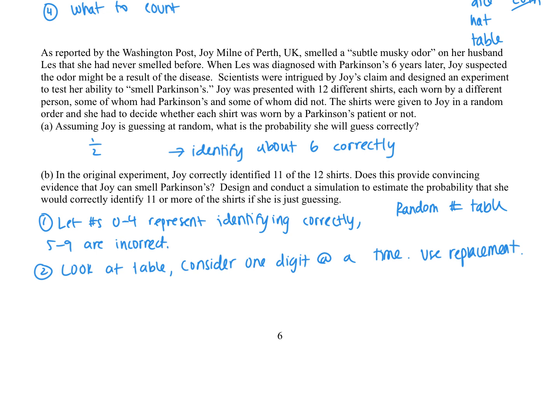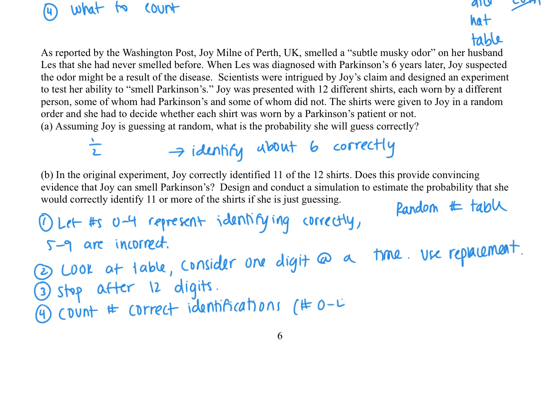In real life, we're having Joy look at 12 shirts. So we are going to stop after 12 digits, and we are going to count the number of correct identifications, correct again being the numbers 0 to 4.